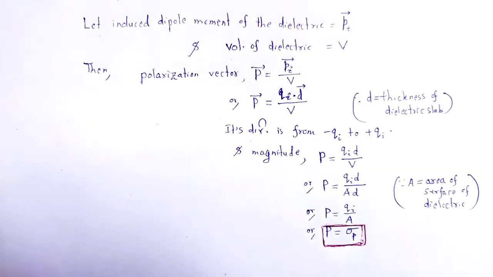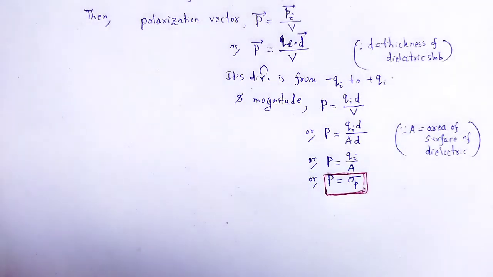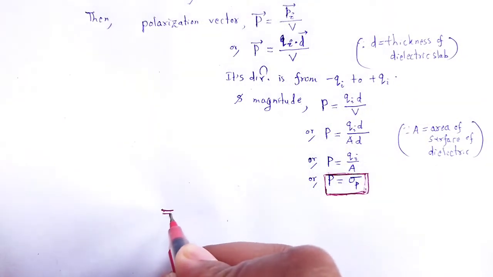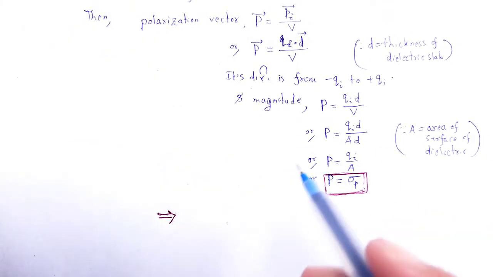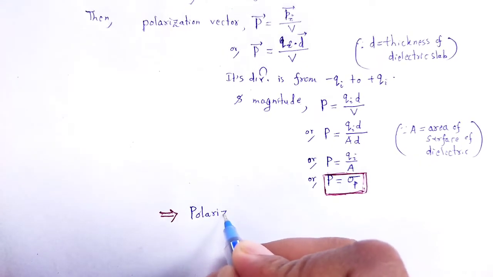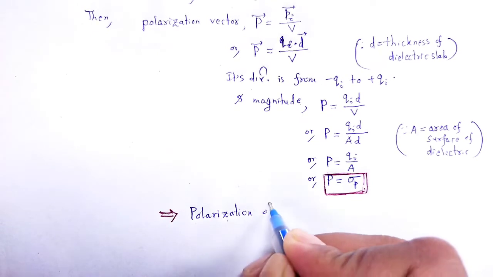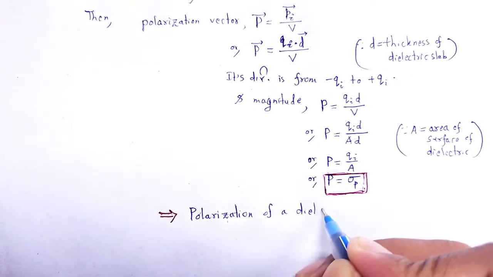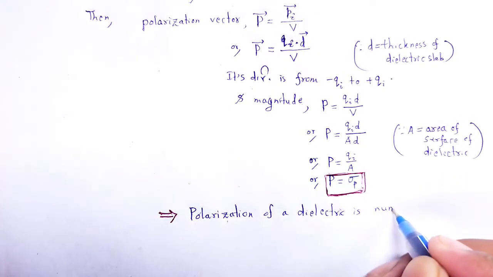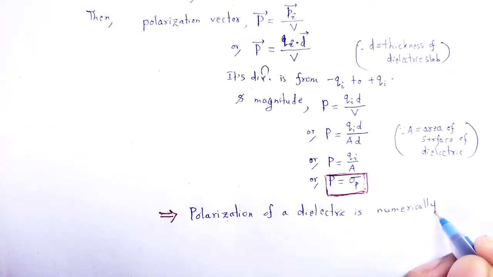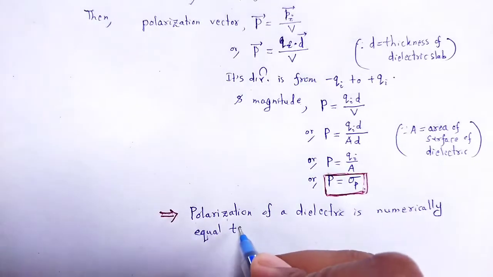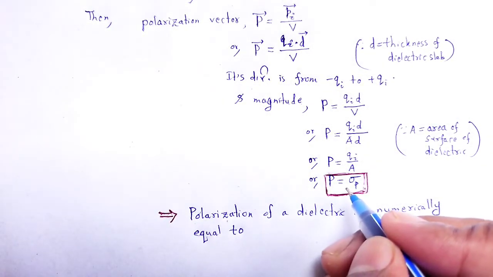Hence, we write an important point here: polarization of a dielectric is numerically equal to the surface density of bound charge.